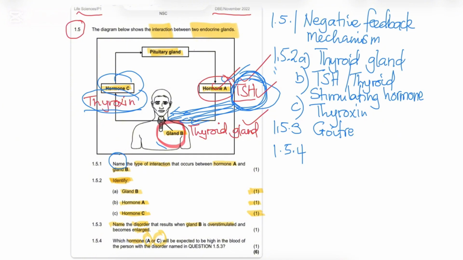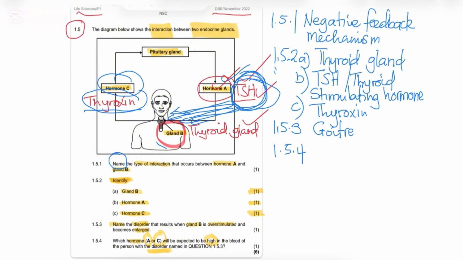That's why it's very important for us to always go back to the question and see the instructions that the examiner is giving us in each question. So which hormone, A or C, will be expected to be high in the blood if one has the disorder, the goiter that we identified in the previous question?